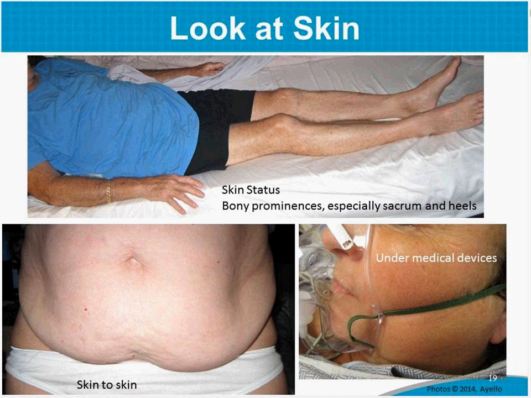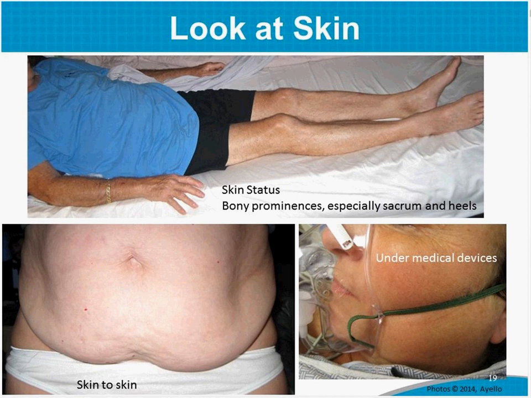And then finally, medical devices. Patients in hospitals have lots of different medical devices. This is one with an oxygen mask on here on the right-hand side. Certainly make sure that the medical device is the right size and fit and is applied correctly.